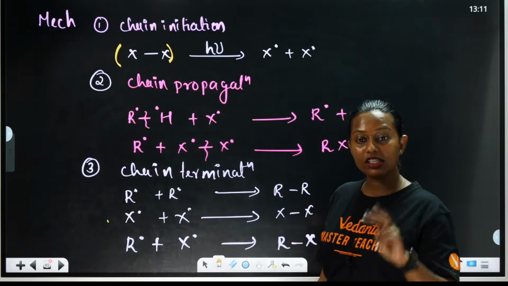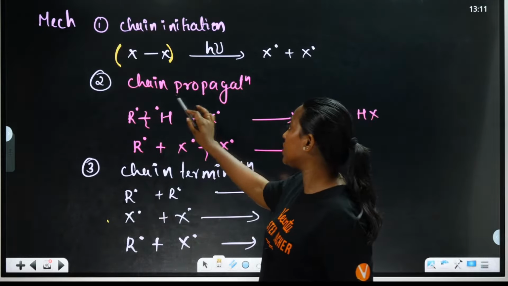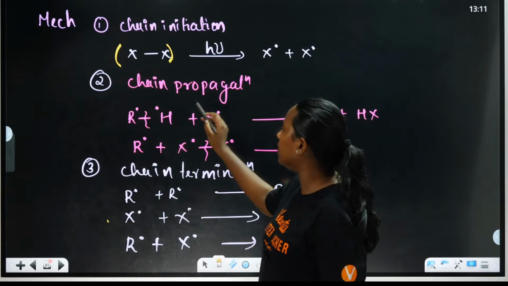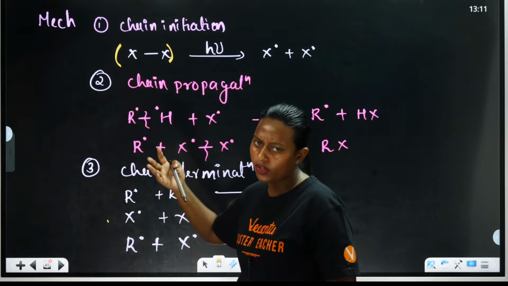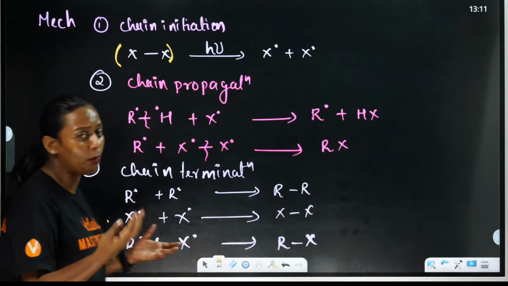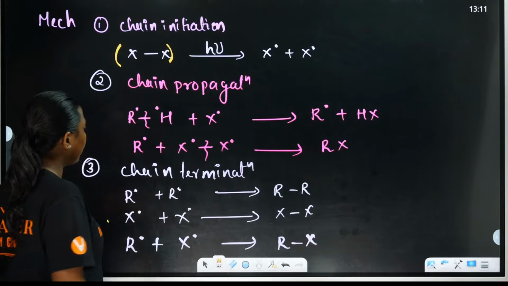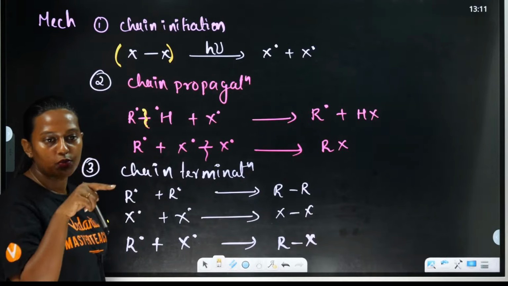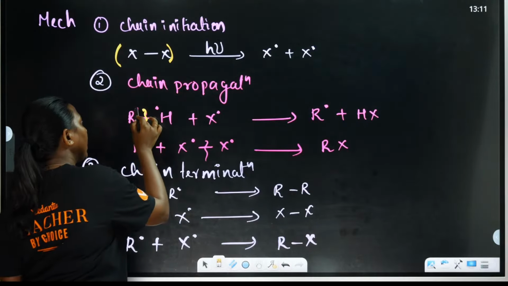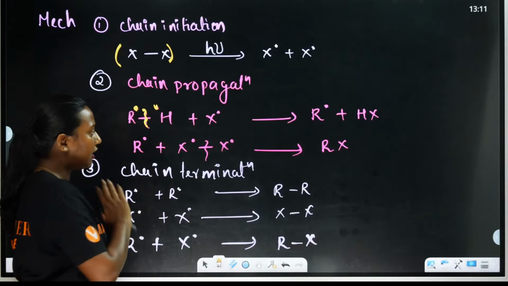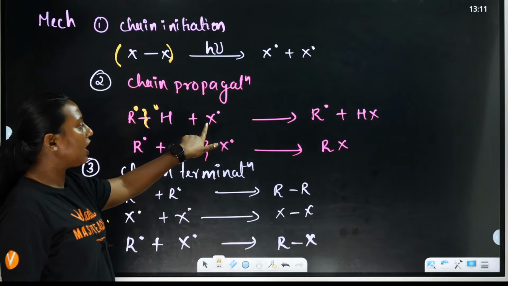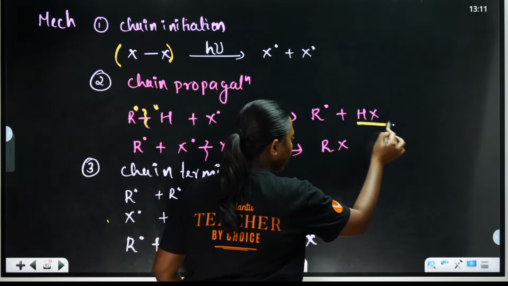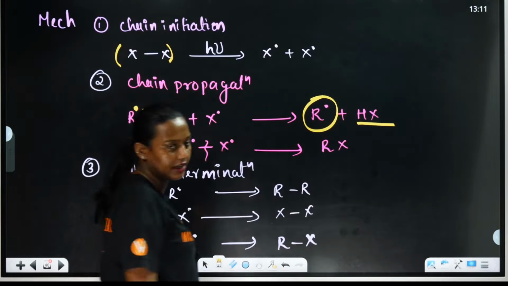What is the second step? It is chain propagation. We know that an alkyl compound is there. The R and H bond will break and form a free radical, which reacts with the halogen molecule and forms HX and an R free radical.